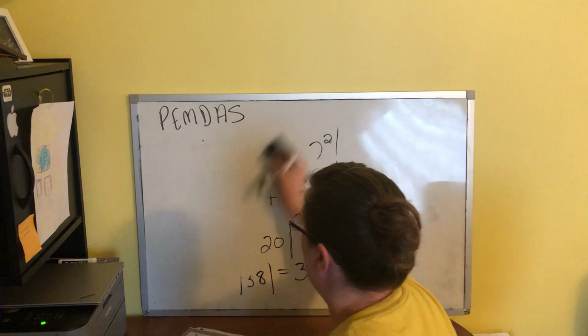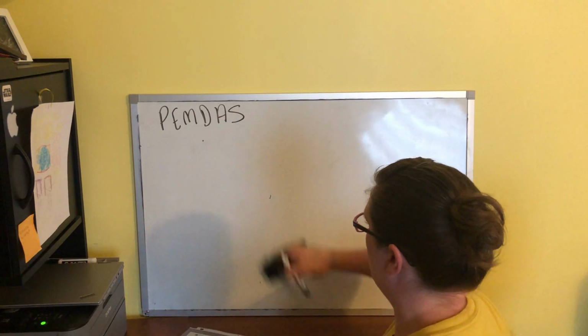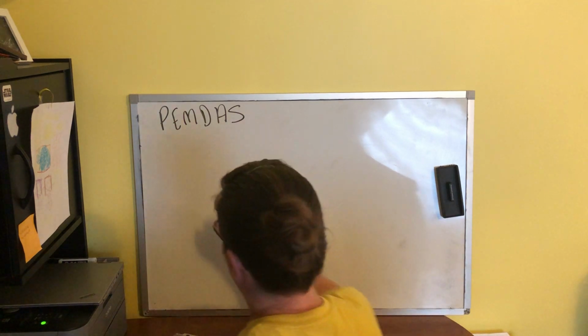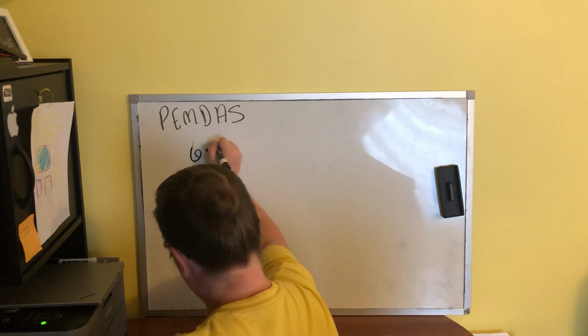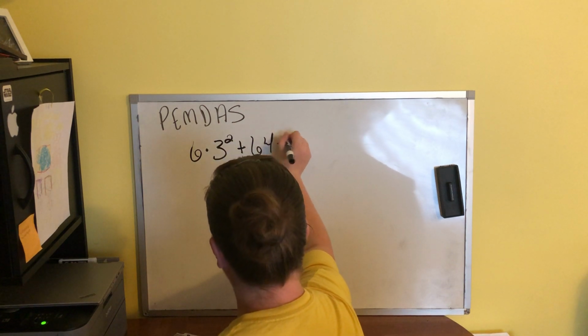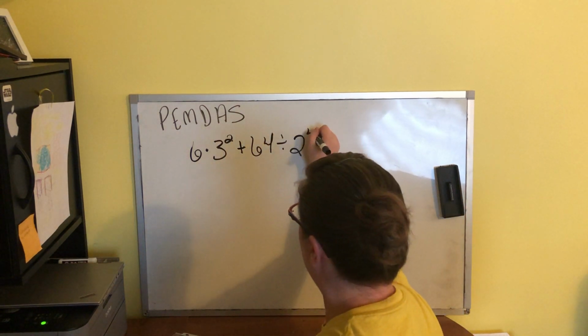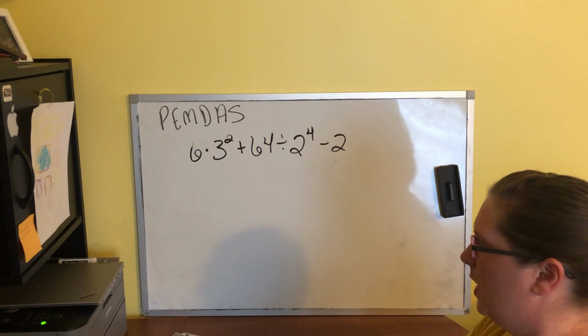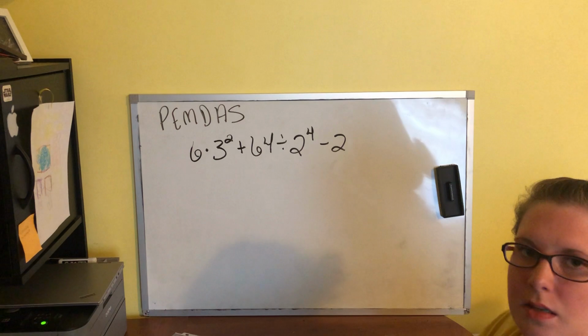It isn't too difficult. Let's go ahead and tackle 2 large problems, and then we'll move on, okay? Let's go ahead and look at 6 times 3 squared plus 64 divided by 2 to the 4th minus 2. Okay, so this one's a little larger. We can handle it.